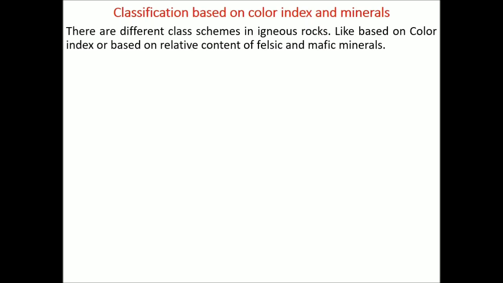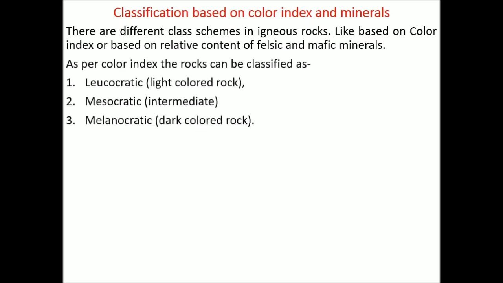So color is basically a reflectance of the proportion of felsic and mafic minerals in one rock. As per color index, the rocks can be classified as leucocratic, mesocratic, and melanocratic. Leucocratic means the light colored rock, and melanocratic means the dark colored rocks.